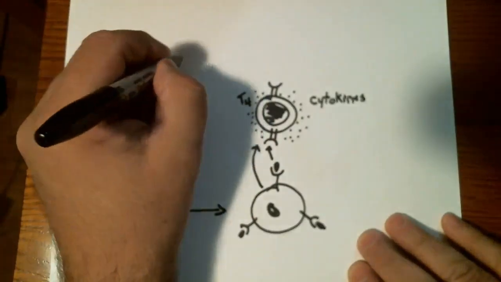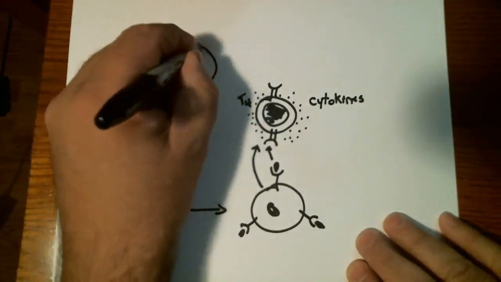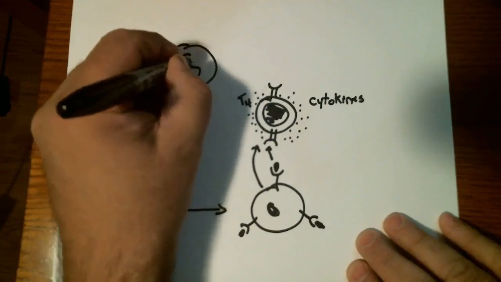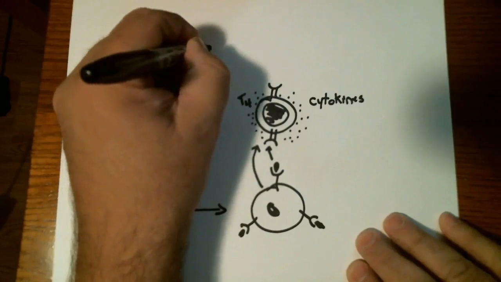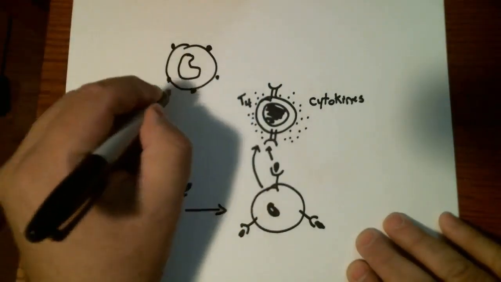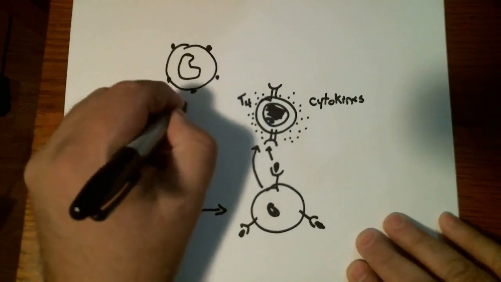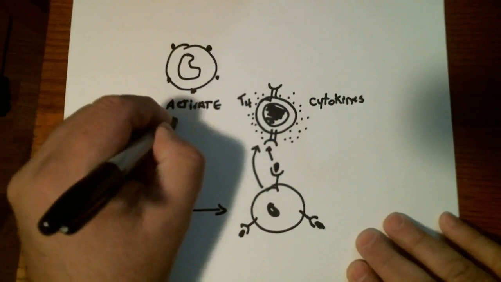Once these cytokines are released, the cytokines will seek out and bind to the surface of macrophages present in the lymph node. And these cytokines, once they bind, will activate these macrophages.